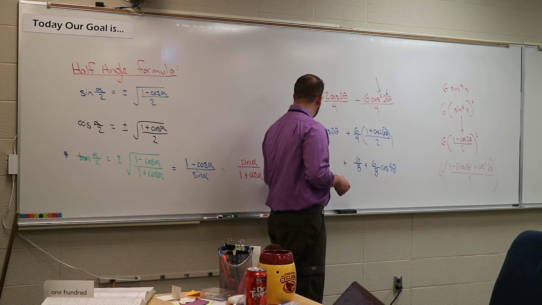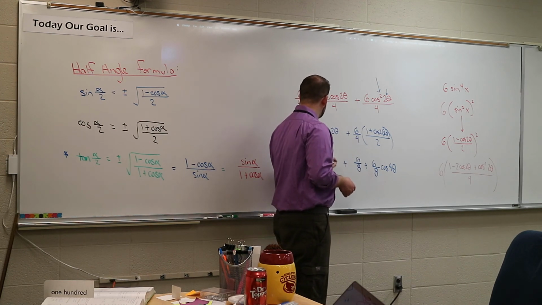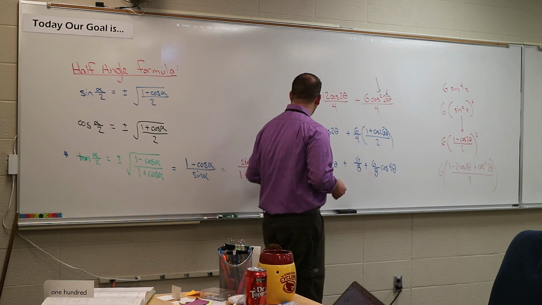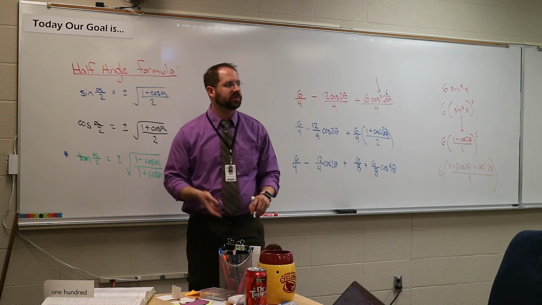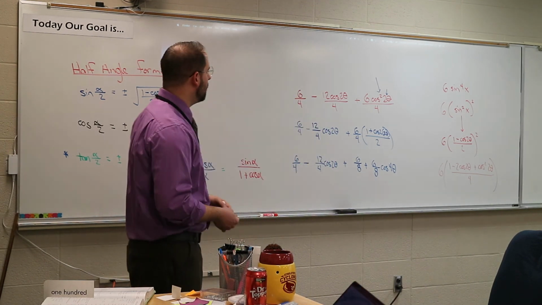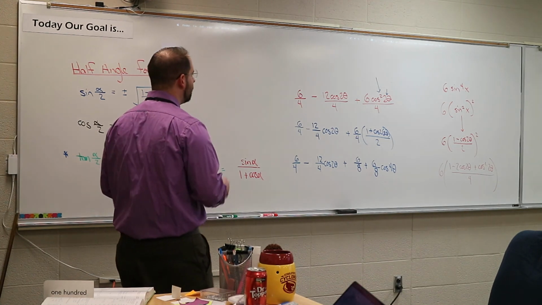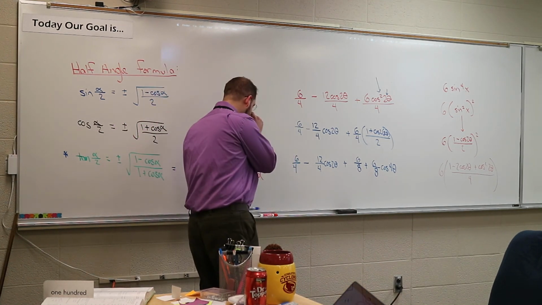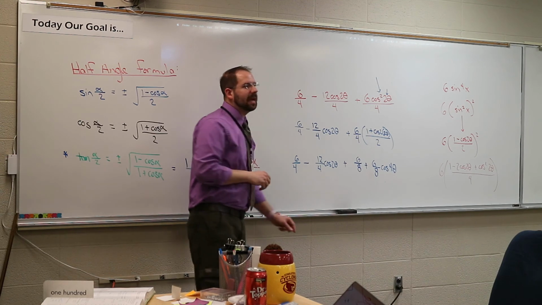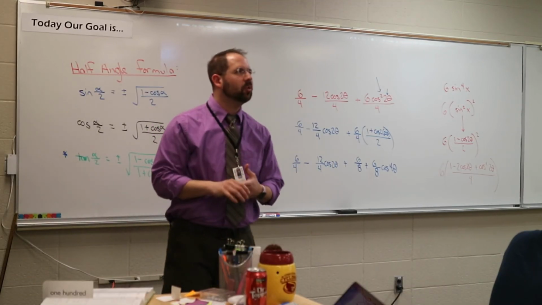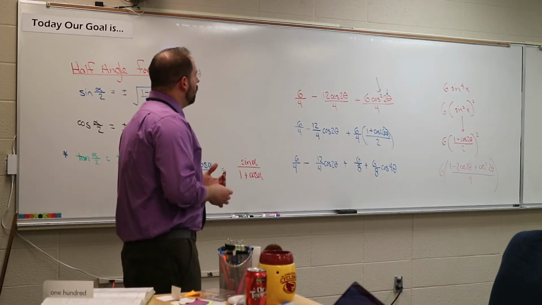That's like the final answer? This is the final answer. What? There is no parentheses, there's no powers that are greater than 1. You have to do that? Yep. That's the answer? That is a big answer. That is power reducing. We did an example of that yesterday. Actually, 2 days ago. With the 2, with the 4th power?